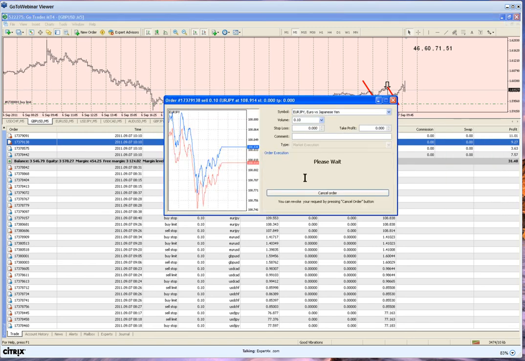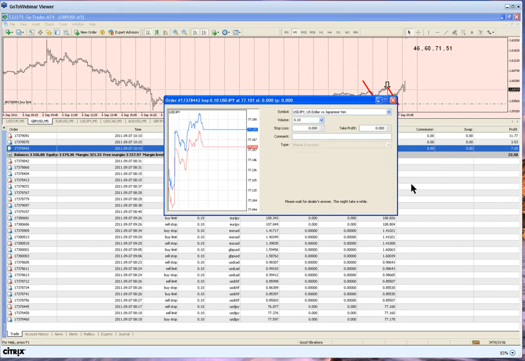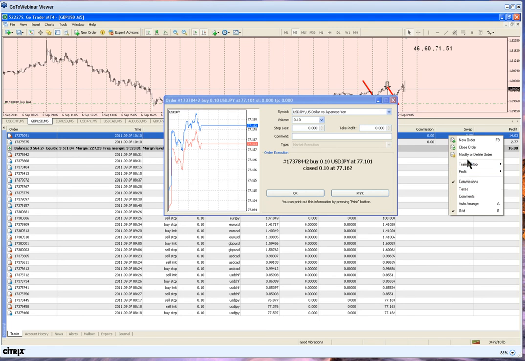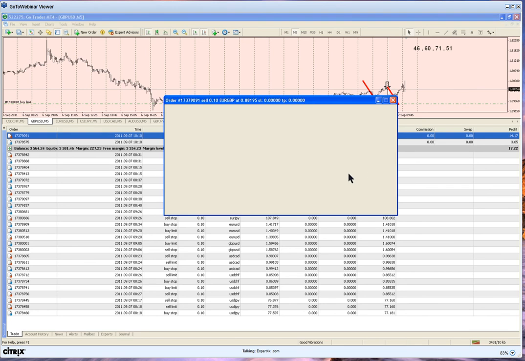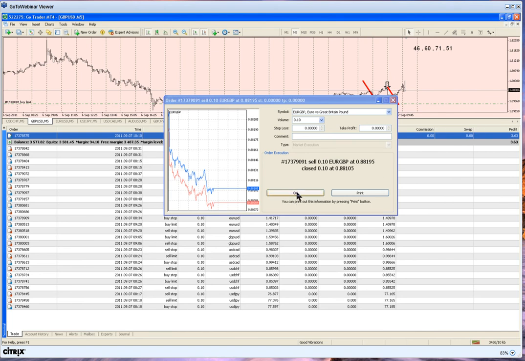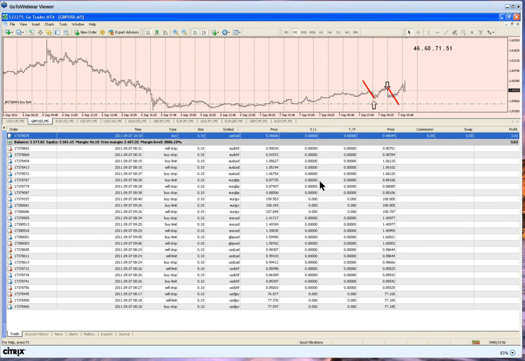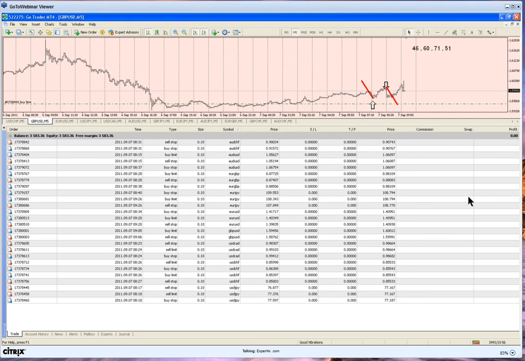I hope I can close them in time. Come on. Close order. All right. Now, what I've done looks a bit crazy because I didn't stick to the system to the end. But if you make 100 pips in a session, you're happy.